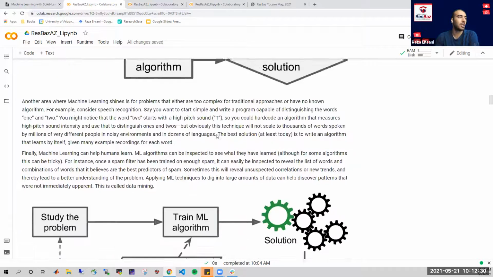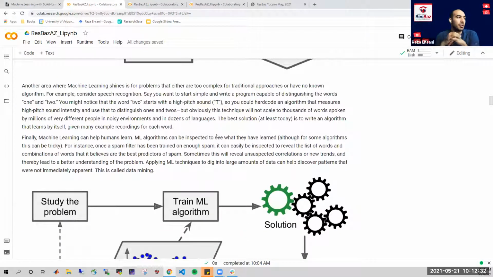Another area where machine learning shines is problems that are too complex, where traditional approaches are not really good, or where we don't have any traditional algorithm to solve the problem. For example, consider the case of speech recognition.